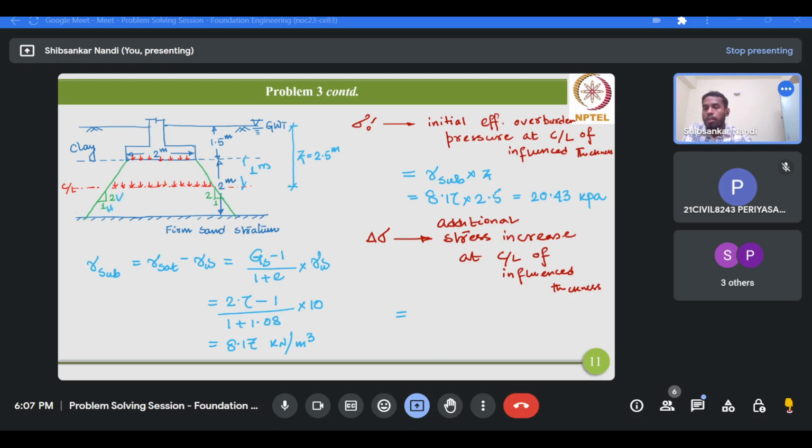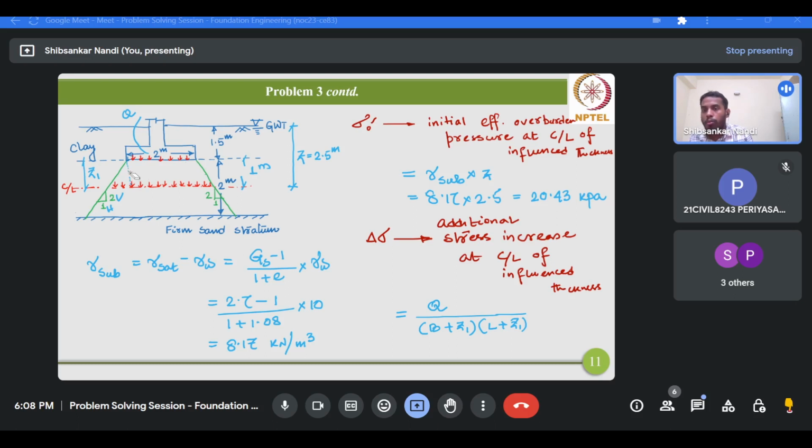Now if we consider this load as Q, it will be Q divided by, suppose this dimension we are taking as Z1, so it will be simply B plus Z1 multiplied by L plus Z1.